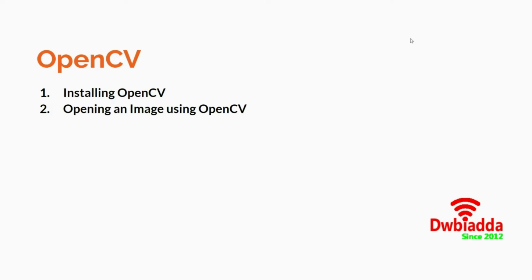Therefore, OpenCV is widely used in machine learning and deep learning because of the manipulation power it gives us. So the agenda of this tutorial is to look at how to install OpenCV if it's not already installed in our system, and also open an image using OpenCV. So without wasting much of your time, let's get started.